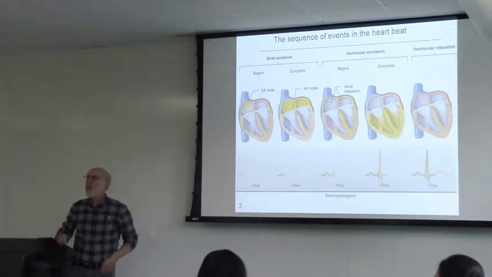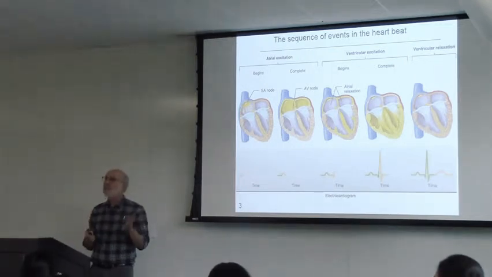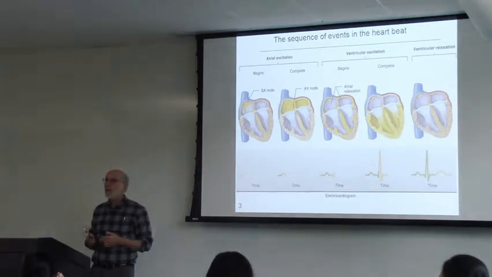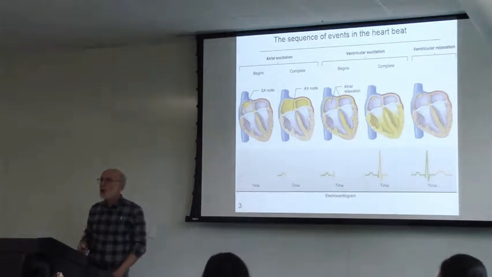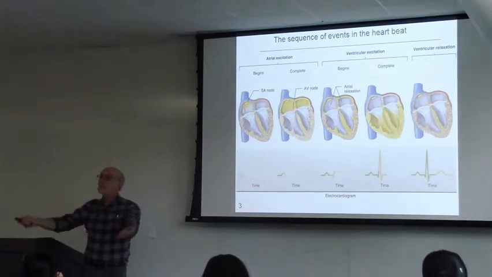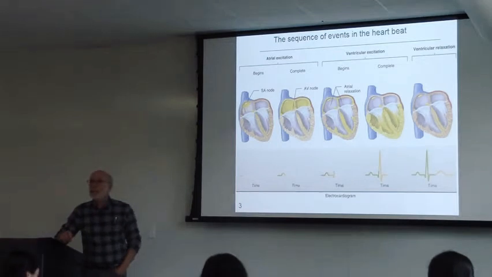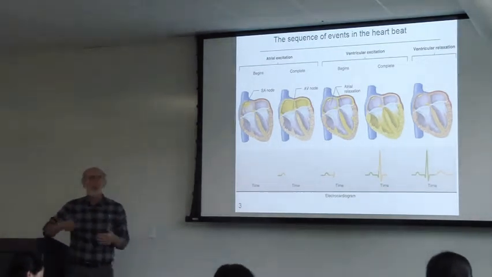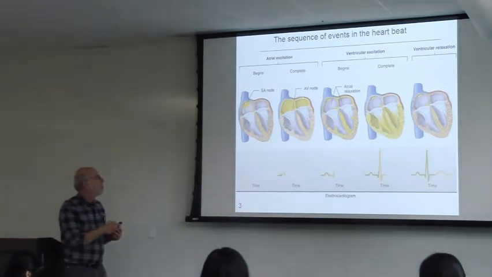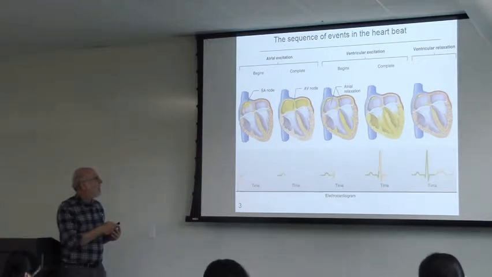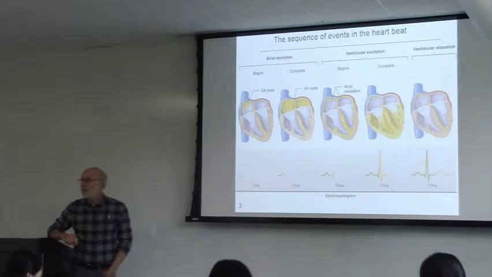There is calcium. Good. So there's going to be calcium influx through voltage-gated calcium channels, calcium release from the SR, and then contraction. So this yellow wave here is supposed to represent atrial muscle that is contracting. And that is going to force blood to flow from atria through the open tricuspid valve and bicuspid valve into the right and the left ventricle.